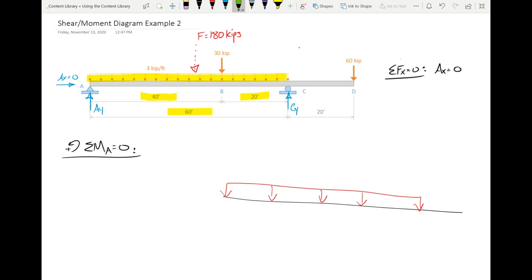If the rectangle is 60 foot wide, the centroid is 30 foot over. Here's the resultant, that is 30 foot, right? Does that make sense? So this dimension here is going to be 30 feet.